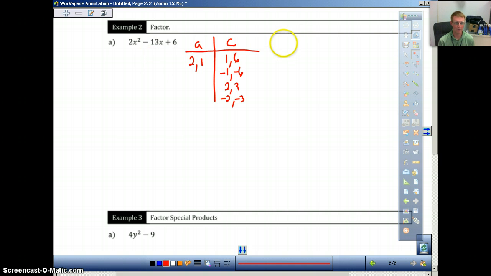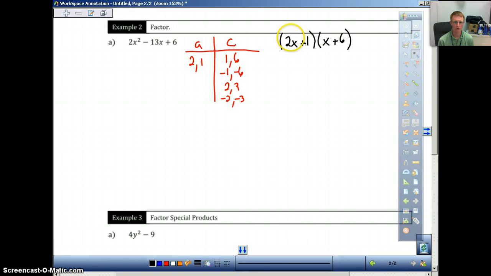Now when we write out our factors, here's what we have to be careful about. Let me write out the first one. It's going to be 2x plus 1, and then x plus 6. We need to make sure we FOIL this out. We can't do our adding anymore. It doesn't work out like that because of this 2. It messes it up.